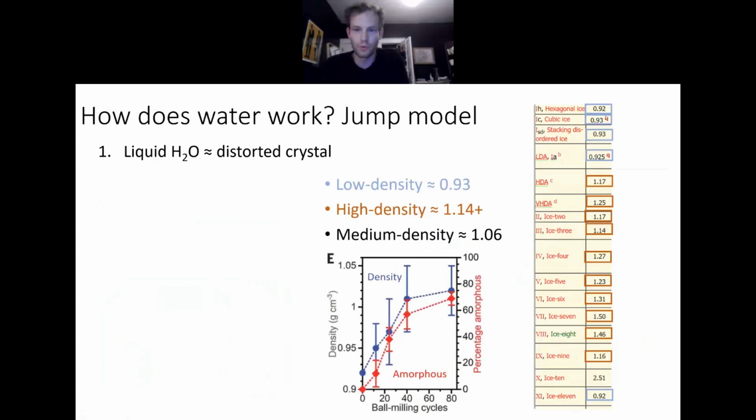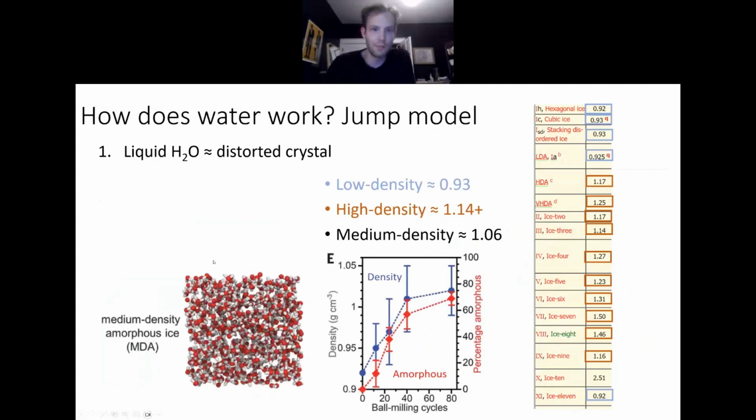When we've solved structures of ice, it's either low density or high density, with low density being around 0.9 and high density being around 1.1 or more. So when they got a medium density of 1.06, this was a big find and had never been observed before. And when they found the structure, it's somewhere in a mix between the low density and the high density states, indicating a distorted crystal that's a mixture of these two.